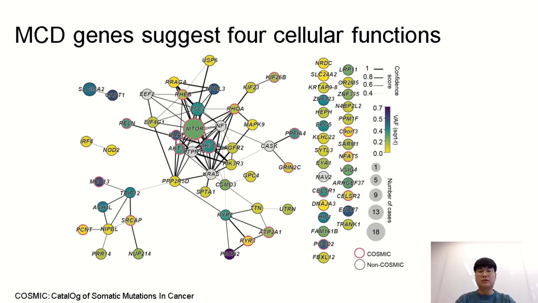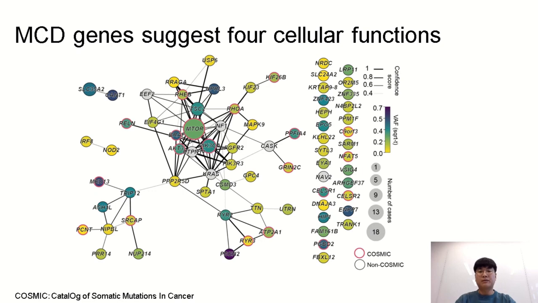The node size indicates the number of cases carrying mutations in the coding gene. The thickness of lines connecting nodes in a network represents confidence level of the functional association between the nodes, as determined by literature or experimental results.